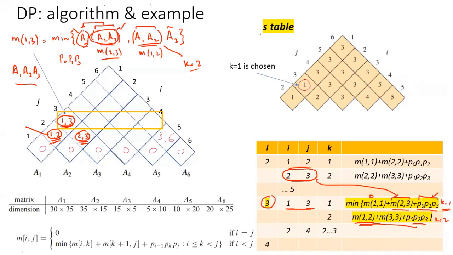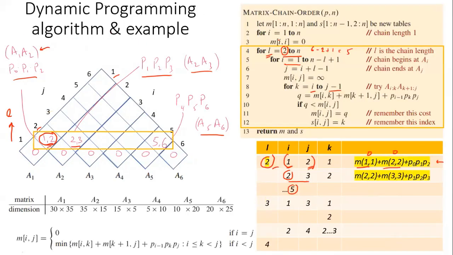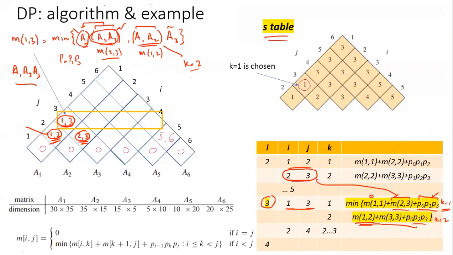That's where another table comes in, which is the S table. If you go back into the actual algorithm, you'll see that the S table is also being used over here, which remembers the index which was the minimum of all the values of k. So we're going to store k is equal to 1 over here.